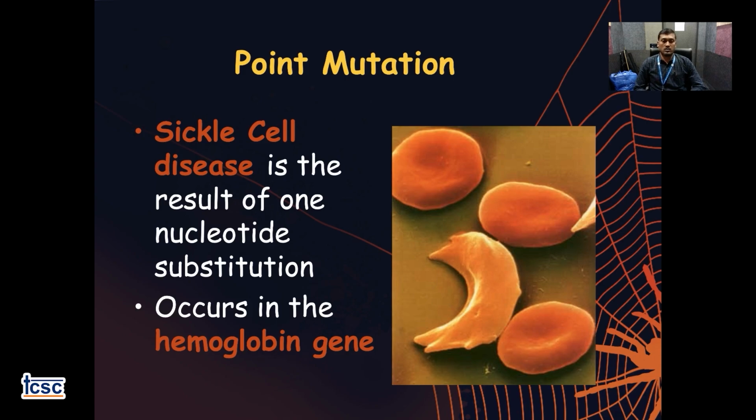Due to low oxygen level, the gene for thalassemia will get changed, and that is called sickle cell disease. It occurs in the hemoglobin gene, where only a single nucleotide gets changed. After that, the individual suffers from sickle cell anemia, and this is the example for point mutation.